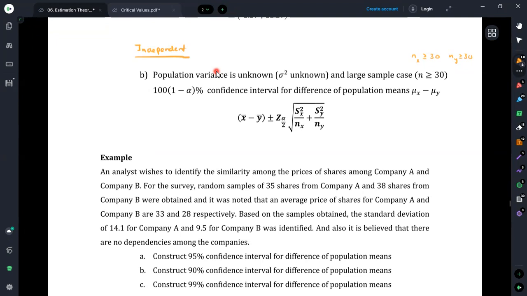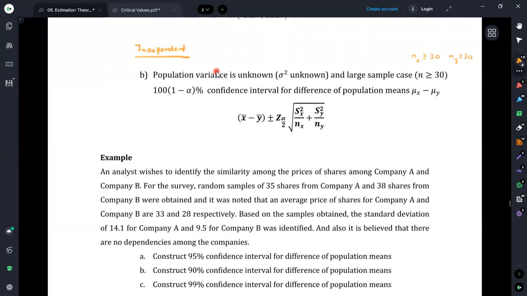An analyst wishes to identify the similarity among the prices of shares of company A and B. He has used 35 shares from company A and 30 from company B, and the mean prices are 33 and 28 for A and B respectively.